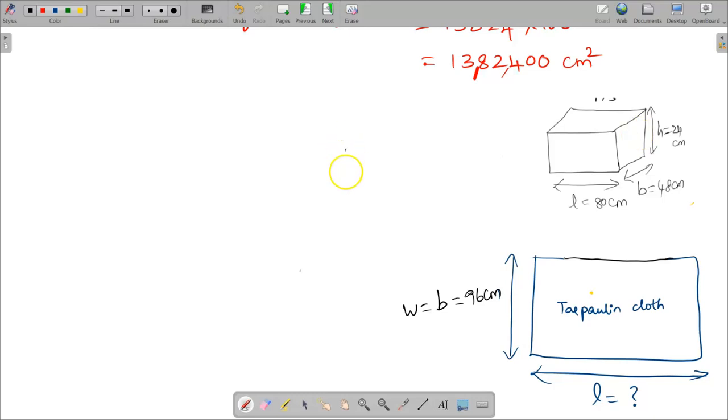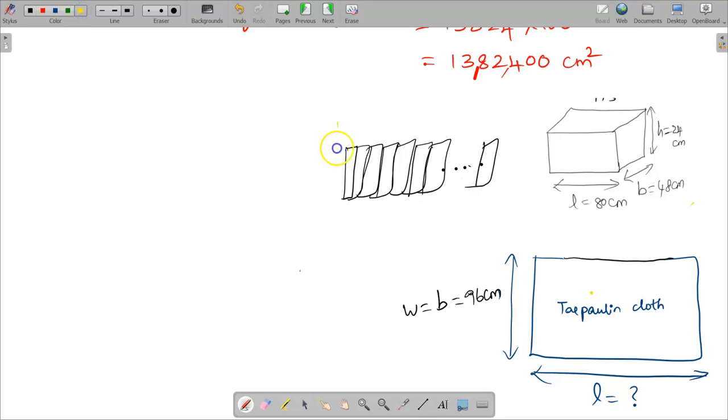This tarpaulin cloth has to cover 100 such suitcases, right? So let us consider this as one suitcase. Like this, 100 such suitcases are placed adjacently. All these suitcases have to be covered by the tarpaulin cloth. For the tarpaulin cloth they have given the width, and we need to find out the length, that is the question.